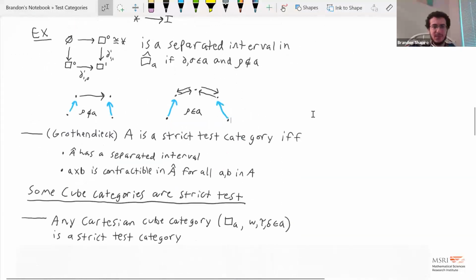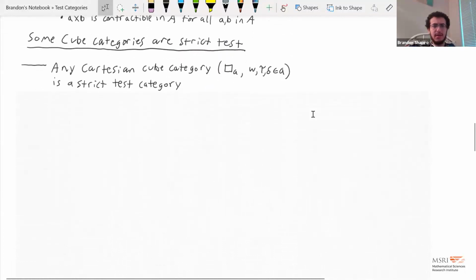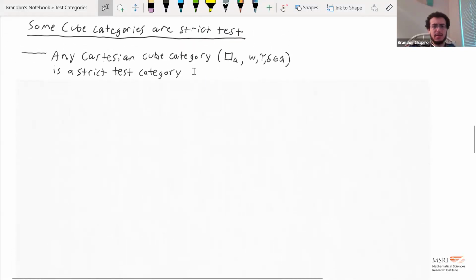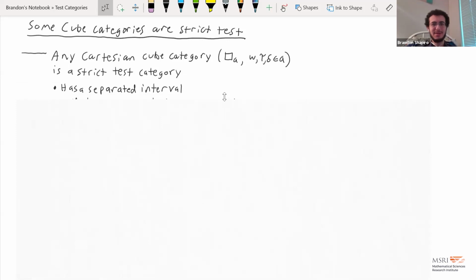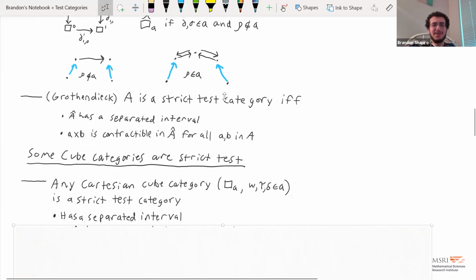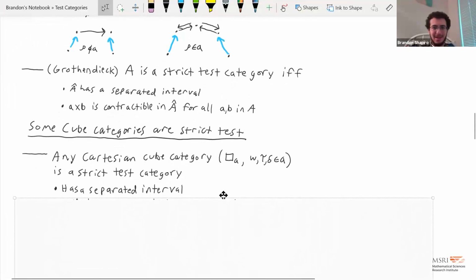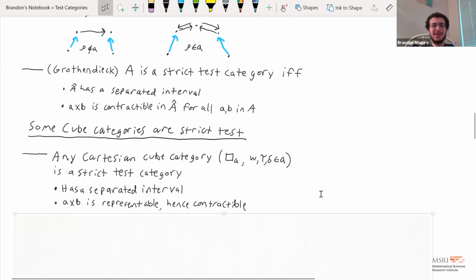So I was saying that any Cartesian cube category is a strict test category. Yes, and this proof is very short because we know that it has a separated interval, because I just told you what the interval is. And it has Cartesian products.